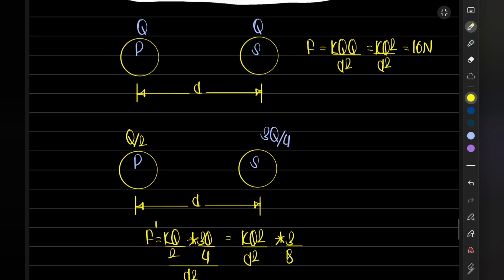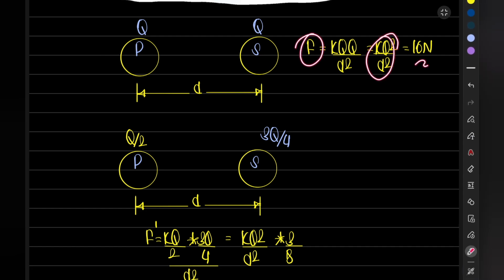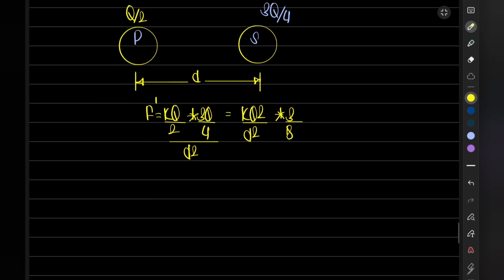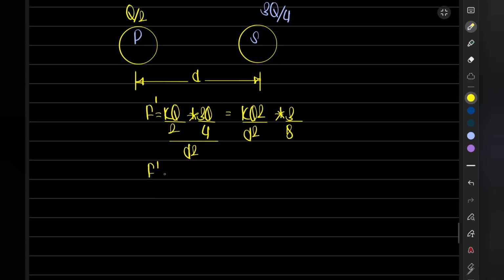Now from equation F, we know that the value of K Q square by D square is 16 Newton, so I'm going to replace that value with 16. So F dash will be equal to 16 into 3 by 8, which will be 8 2s are 16, so 2 3s are 6 Newton. So the final answer will be 6 Newton.